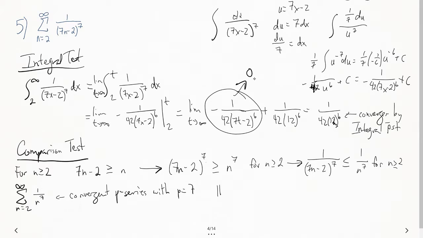So hence, the summation n equals 2 to infinity of 1 over 7n minus 2 raised to the 7th is convergent by the comparison test.